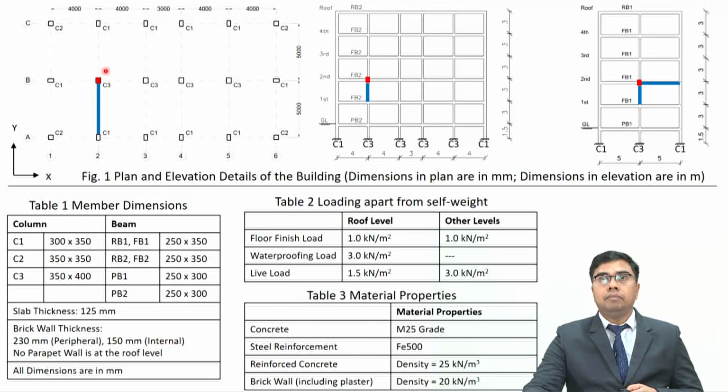So, we have a building which has 5 bays in the x direction and 2 bays in the y direction. This is x and this is y.